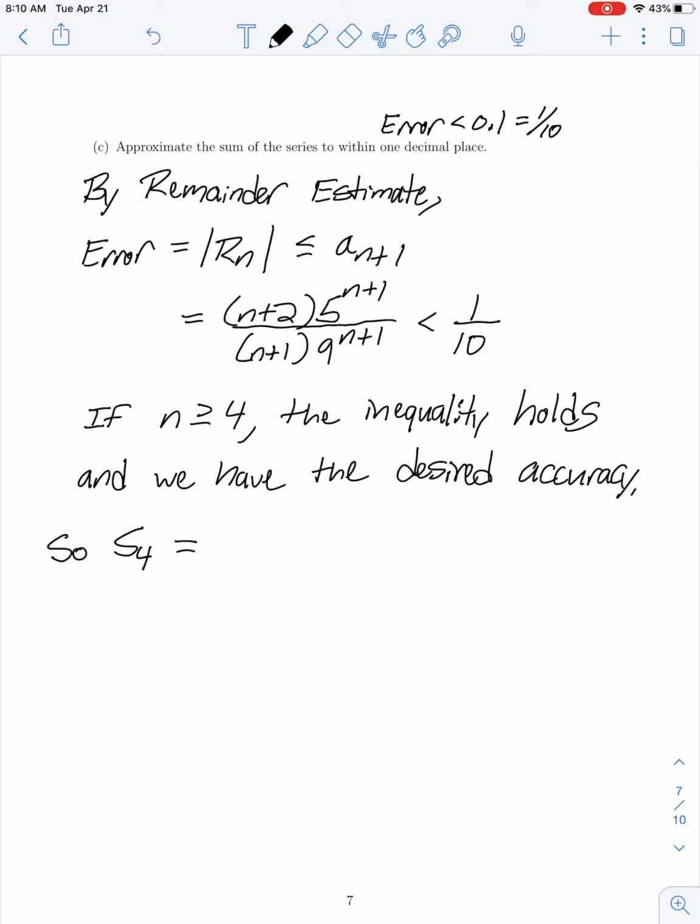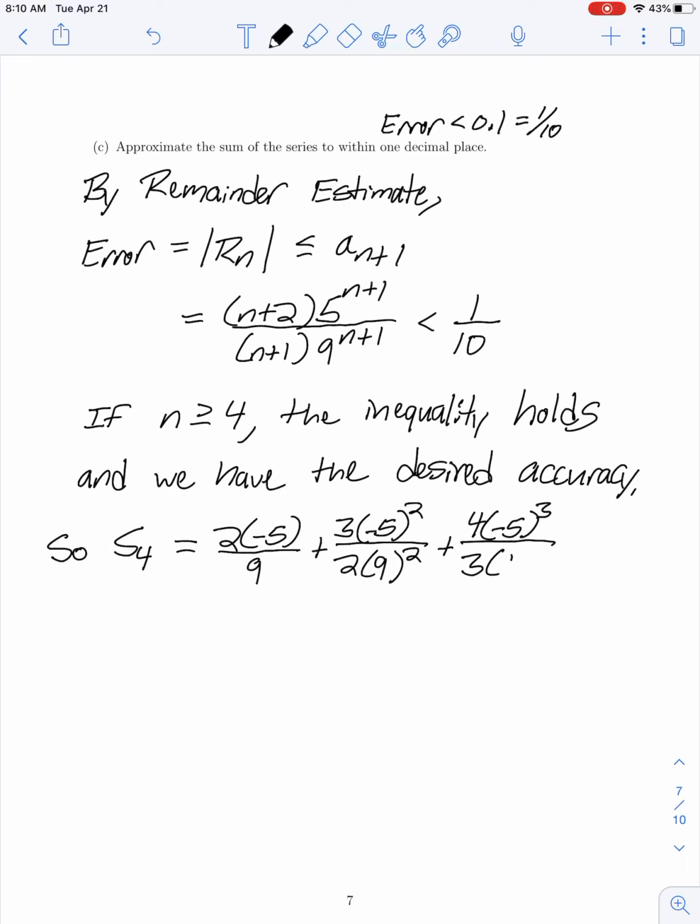So again, the sum of the first 3 terms we found in part B. The first term was 2 times negative 5 to the first divided by 9 to the first. Plus we had 3 times negative 5 squared divided by 2 times 9 squared. Plus our next term is 4 times negative 5 cubed over 3 times 9 cubed.